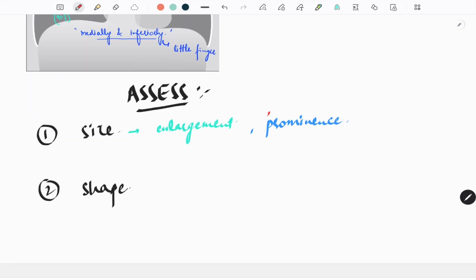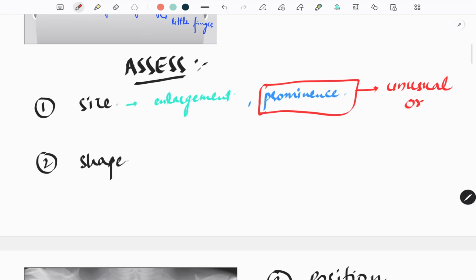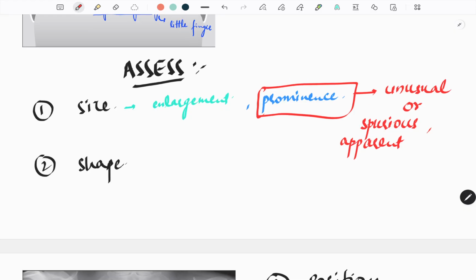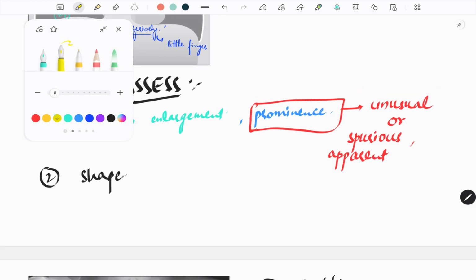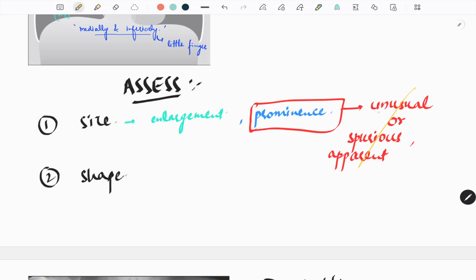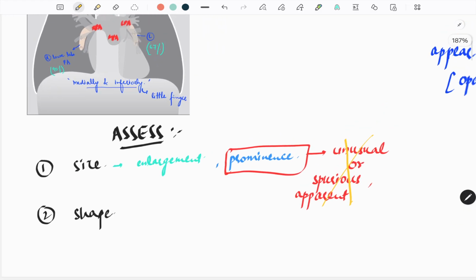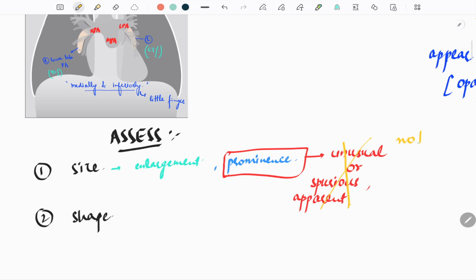We'll come to the point where we can see unusual prominence or spurious prominence or apparent prominence, which is not seen in real, not present.